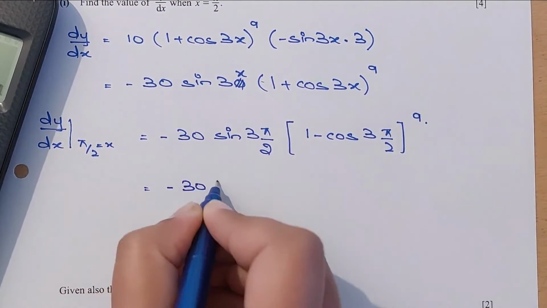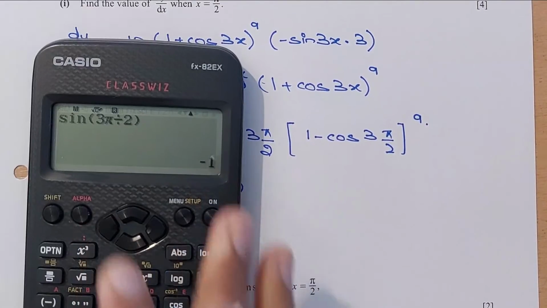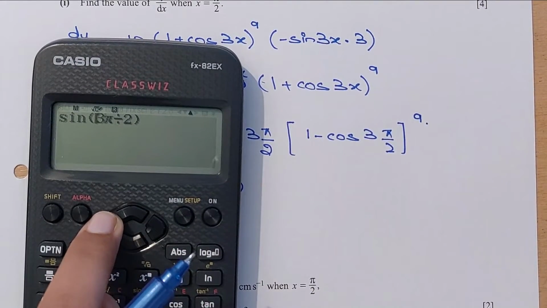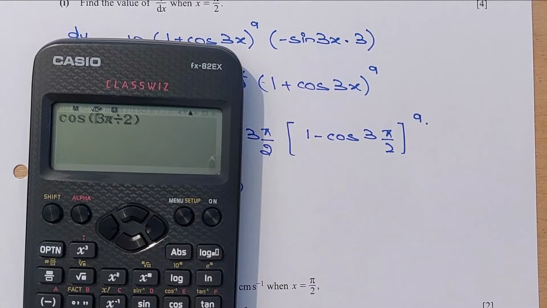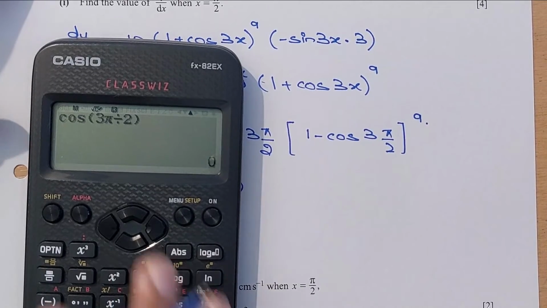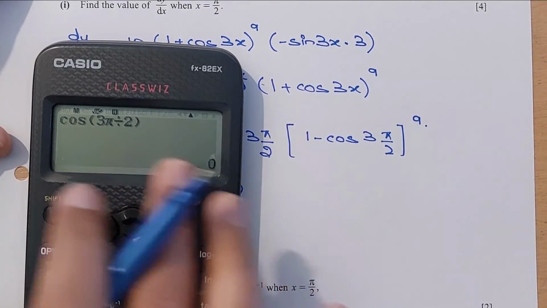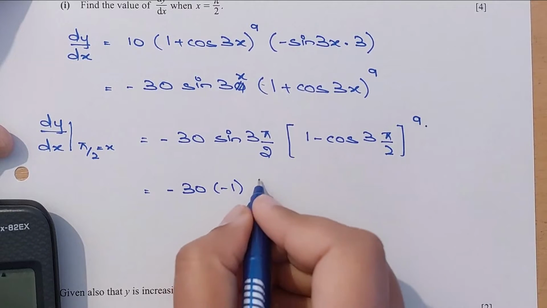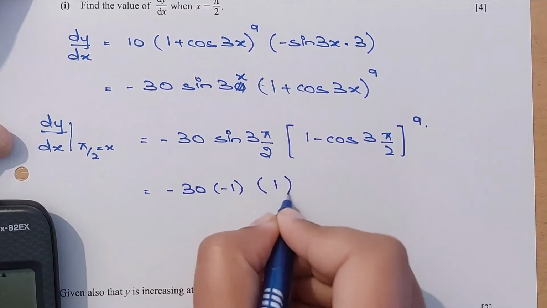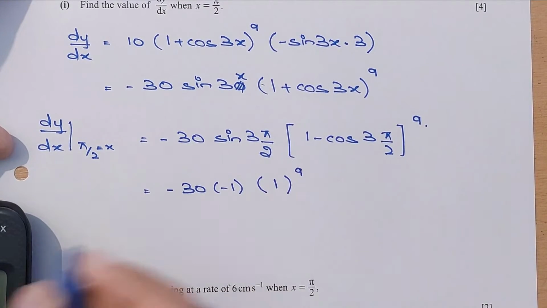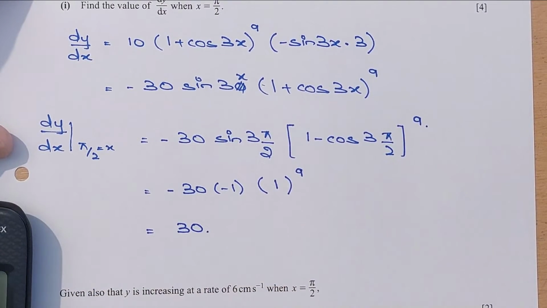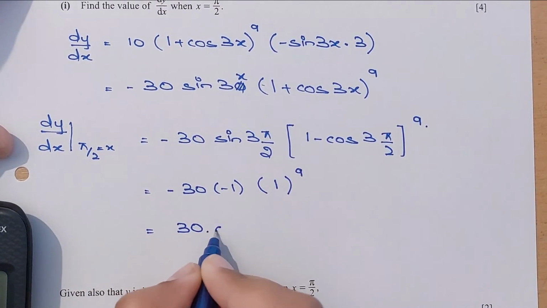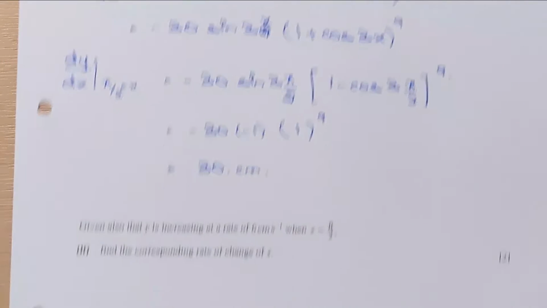So negative 30 times negative 1. And cos 3 pi by 2 is just 0, so this is 1 plus 0, its power is 9. 1 to the power 9 is just 1. Negative times negative is positive, so the answer is just 30. Y is in centimeters, so 30 centimeters.